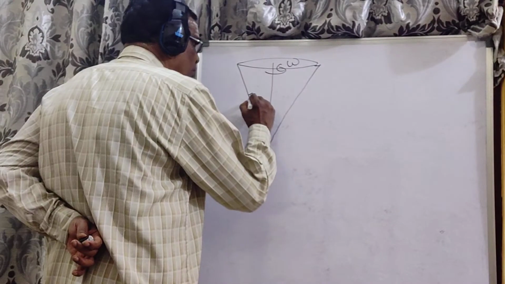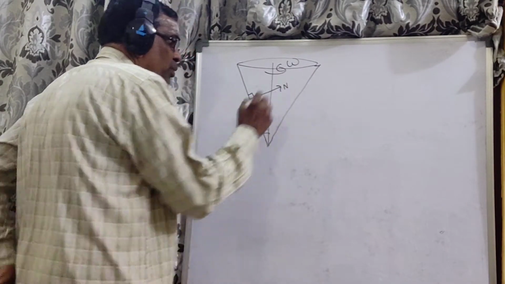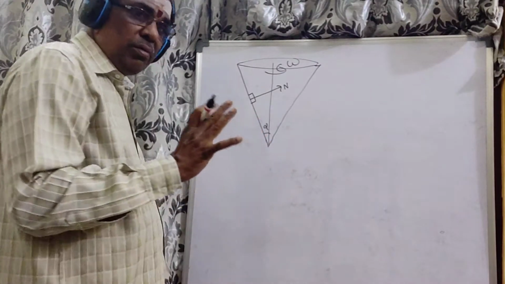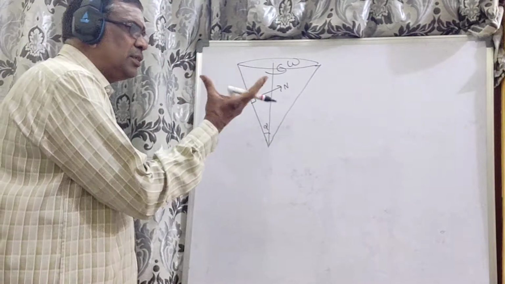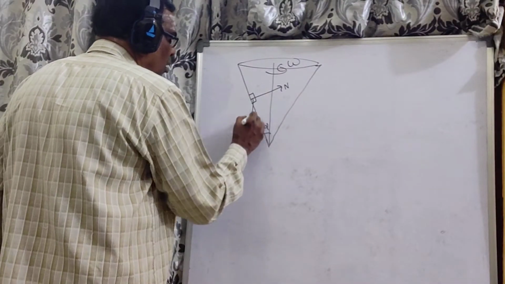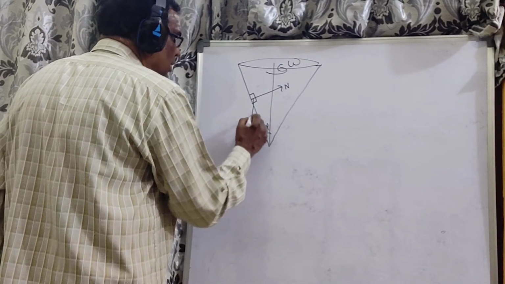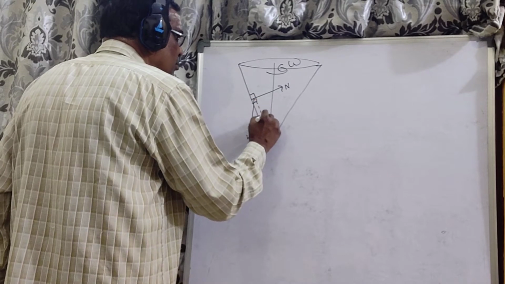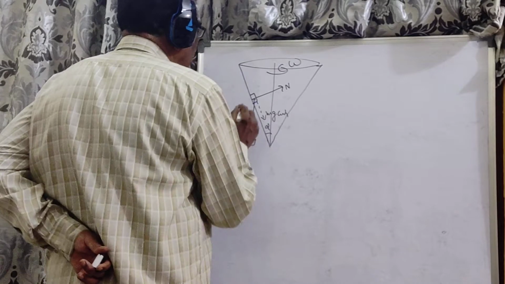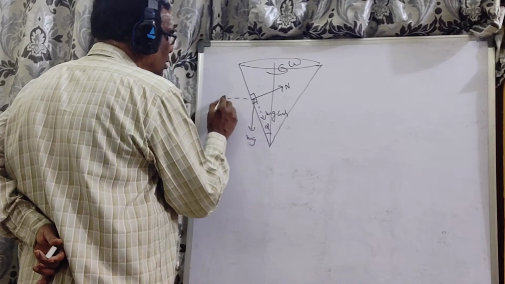You have to be very careful. Draw the FBD first properly. Normal force. Now I am assuming that it is rotating slowly. Of course, mg will always act downwards.